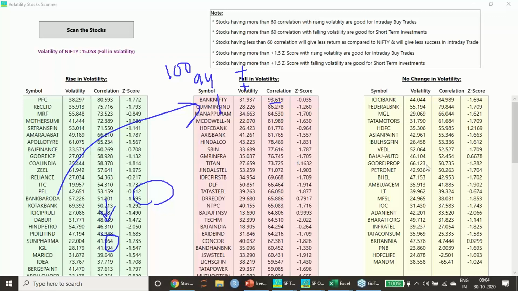So correlation says that you must have that kind of belief in it. The correlation has never gone negative. That is also another fact.